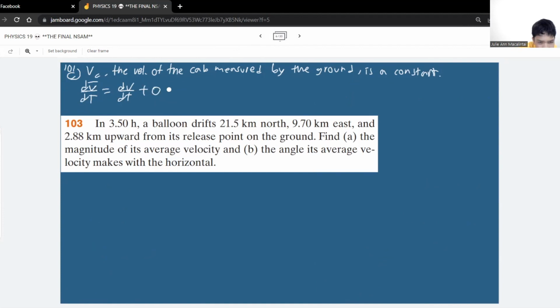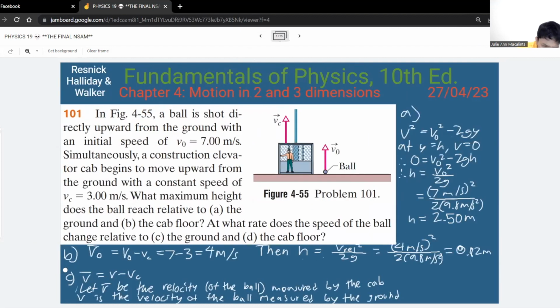And ano yung acceleration na yan? So acceleration is negative 9.8 meters per second square. So it's also both global. Okay. Modify natin yung problem. So before we move on from the problem, I'm going to modify this.